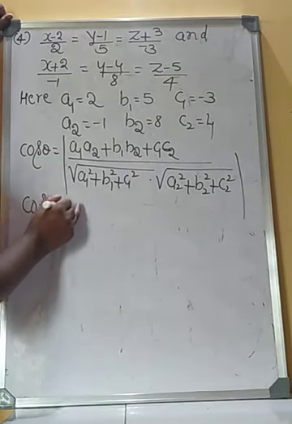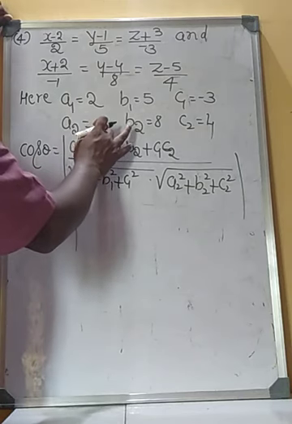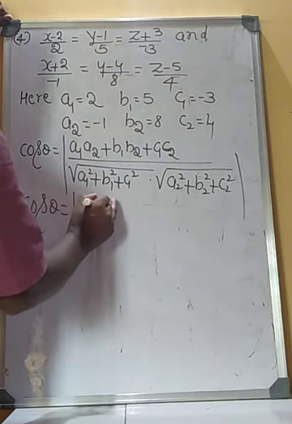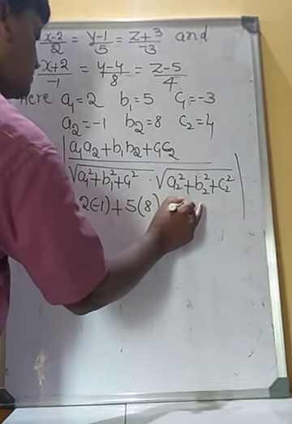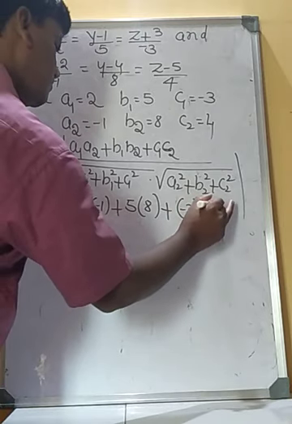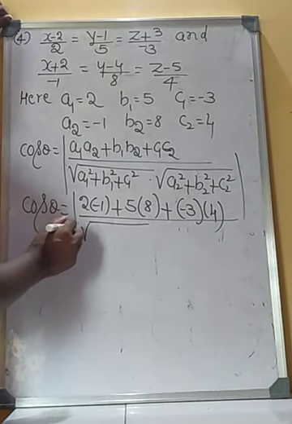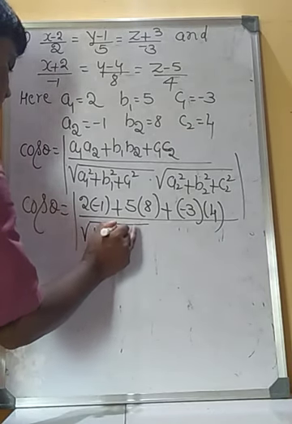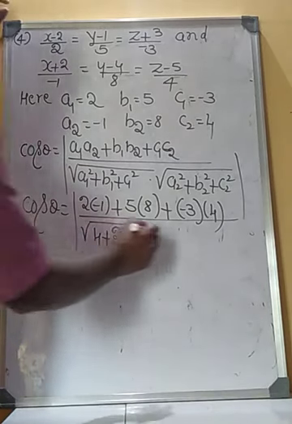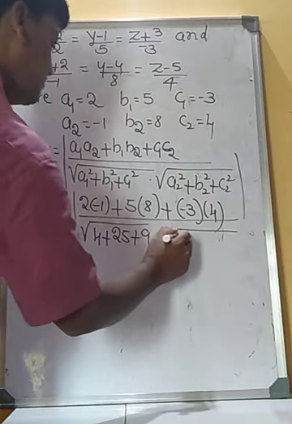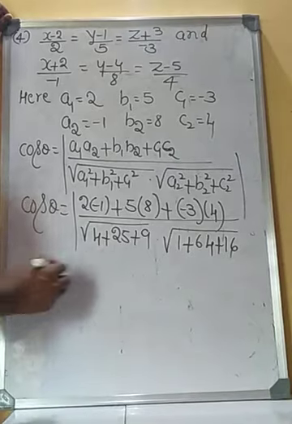Therefore, cos theta is equal to magnitude of 2 into minus 1 plus 5 into 8 plus minus 3 into 4 divided by root of 2 square 4 plus 5 square 25 plus minus 3 whole square 9, into root of 1 plus 64 plus 16.